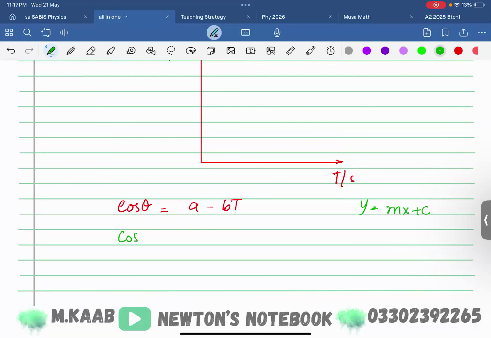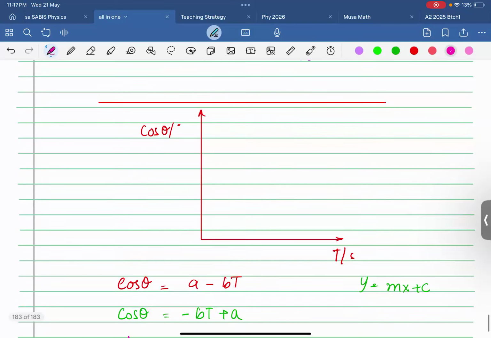So cos theta equals negative bt plus a. I can write it this way. Mathematically it's correct. Why am I writing it this way? Because when I compare it with y equals mx plus c, please look carefully.